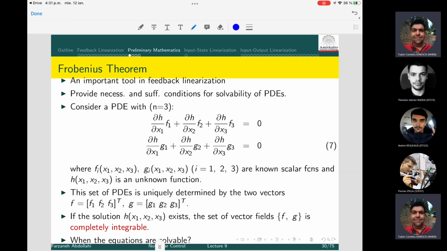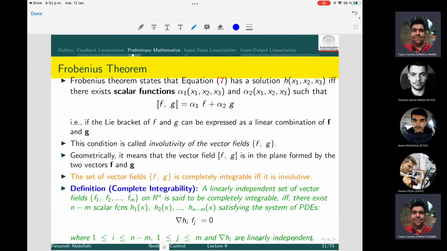The set of PDEs is uniquely determined by the two vectors f and g. If the solution h exists, then the set of vector fields f and g is completely integrable. When are these equations solvable? That's the question. And the Frobenius theorem is answering this question for this system of partial differential equations.